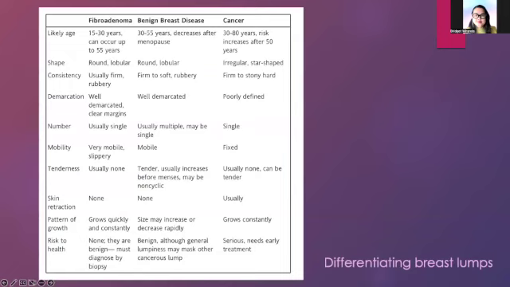You can use this chart to differentiate breast lumps. Again, however, you will not be asked to do this in our class, but for your knowledge, fibroadenoma, benign breast tissue, and cancer.